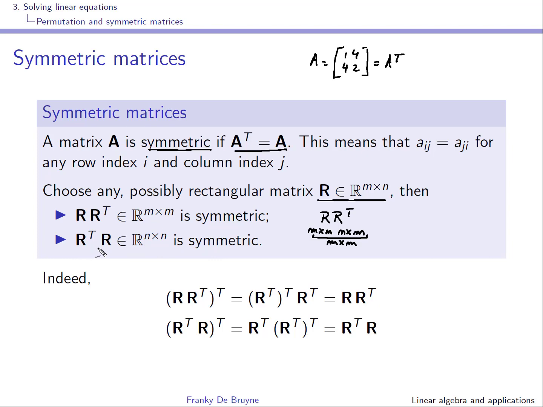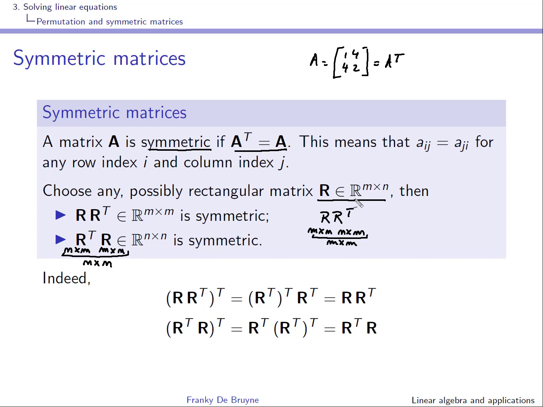You could also take R transpose times R, which is n times m times m times n, so this one is also square, but it is n times n. The first thing you can already see is that both matrices are square, but they are not the same, obviously, because they don't have the same dimension.